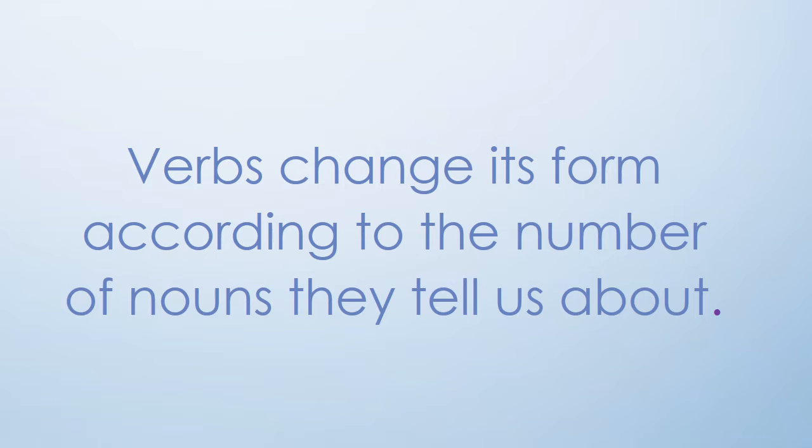If the noun is singular, you change the verb by adding s or es or ies. And if the noun is plural, the verb does not change its form. It remains as it is.